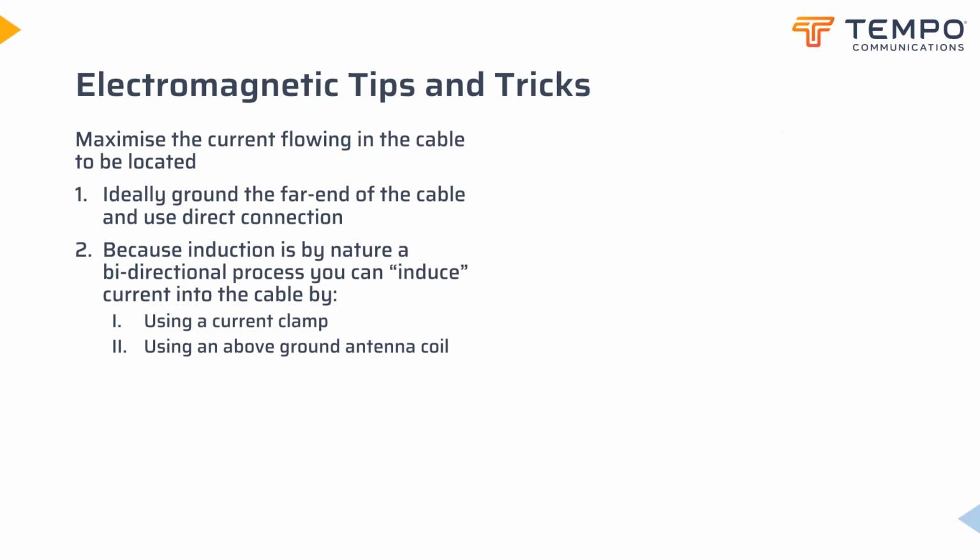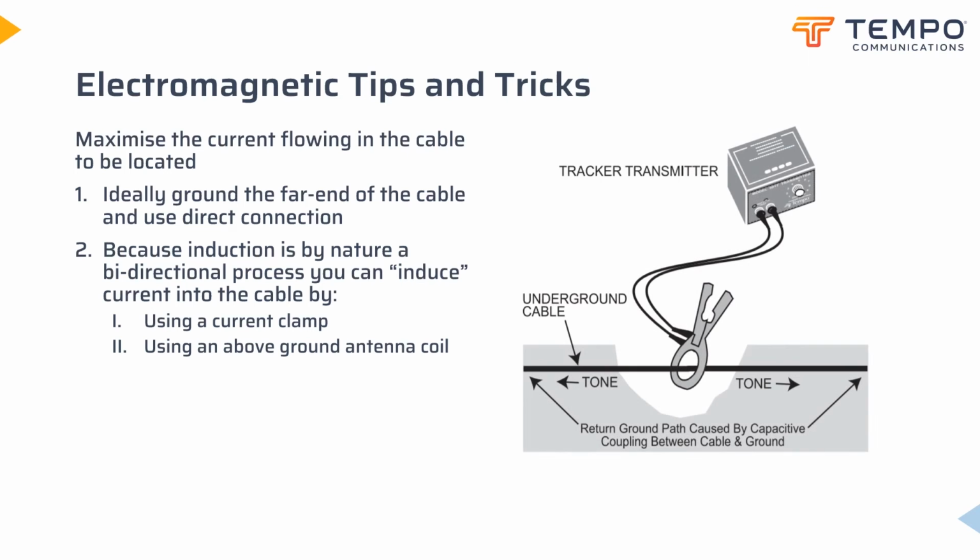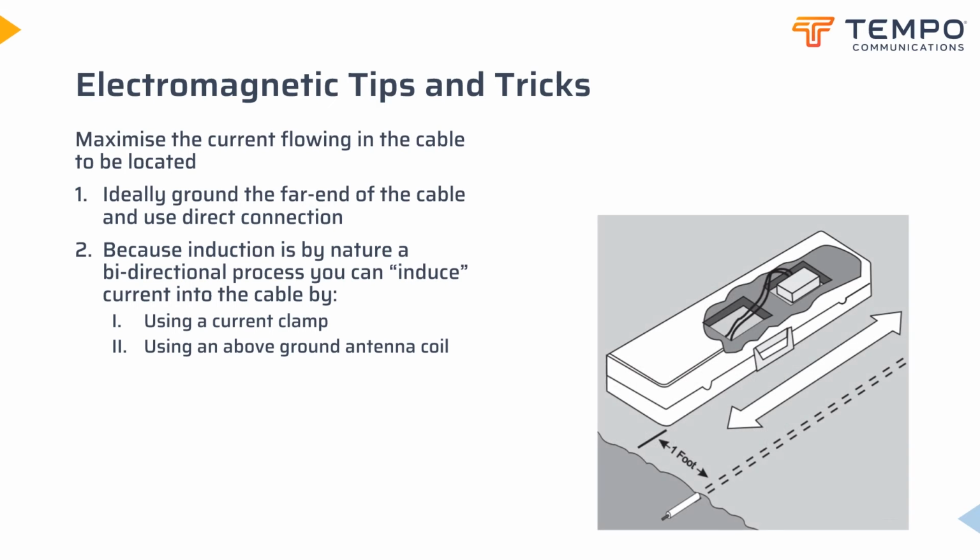In these cases, you can use a current clamp to place a temporary magnetic circuit around a cable to directly induce current, or most locator transmitters also include an induction antenna within their case. Placing this alongside or above the cable to be located will also induce a traceable current.